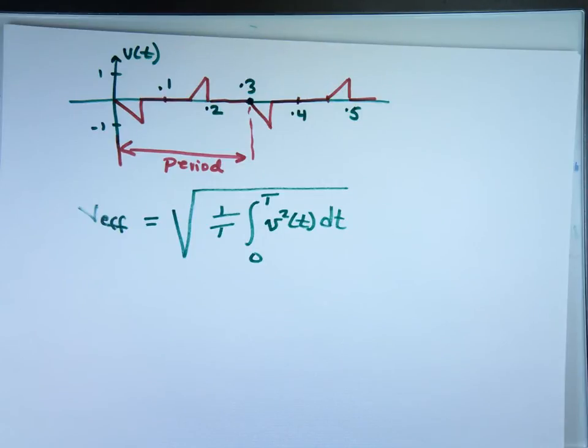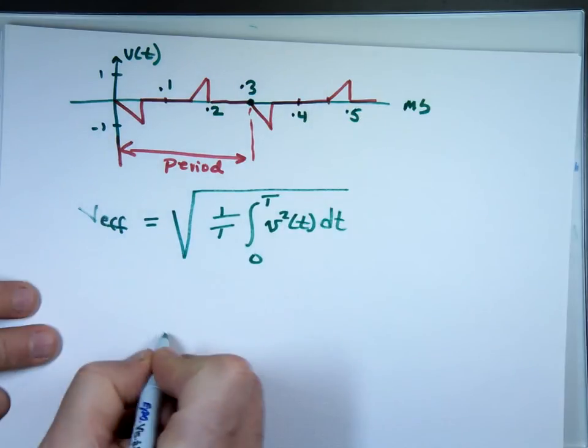What is my period equal to here? 0.3. So 1 over 0.3 second. That's 0.3 millisecond. My mistake, millisecond.